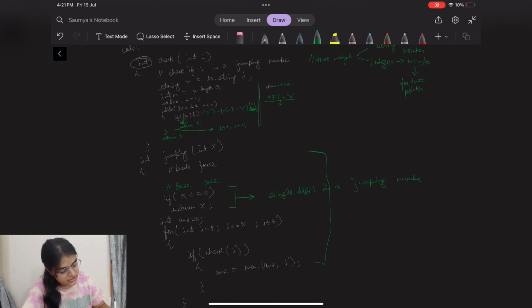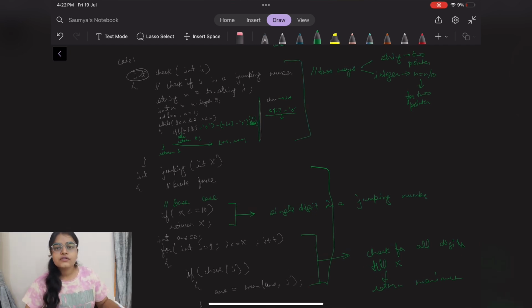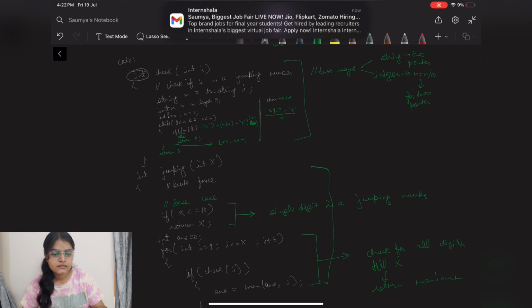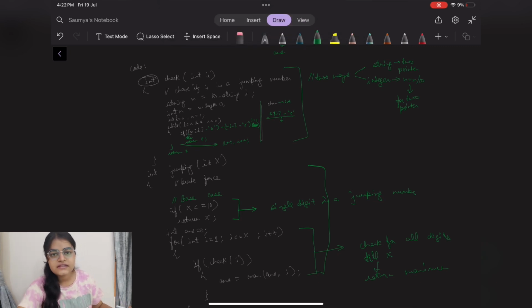Then, if not a single digit, check for all numbers till x, then return the maximum among them, and here is the check function. So let's code it. Okay, let's first discuss the time complexity, then we'll move on to the coding part.